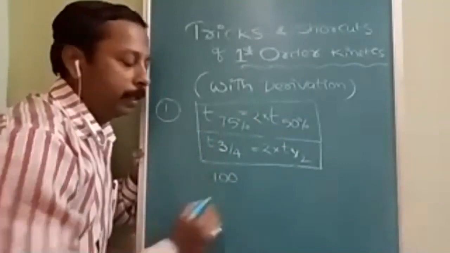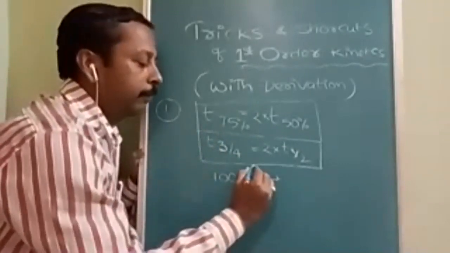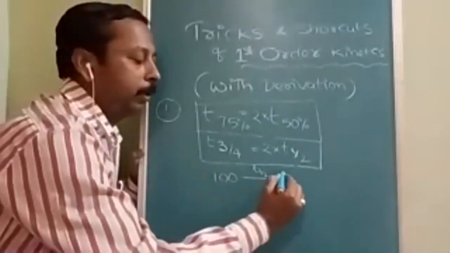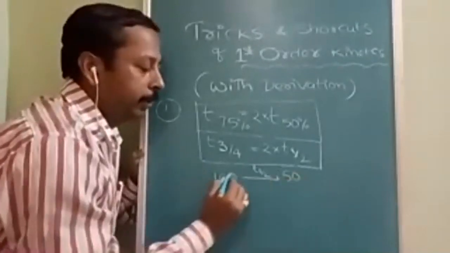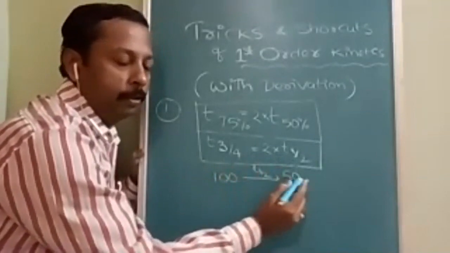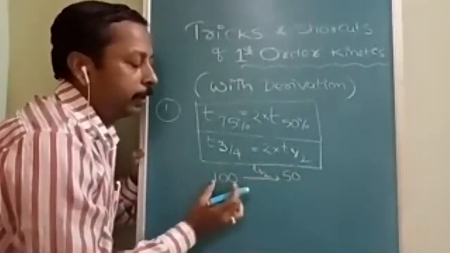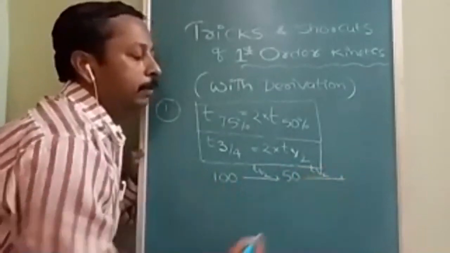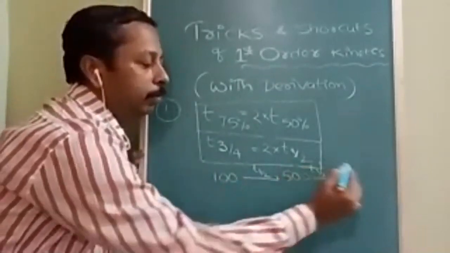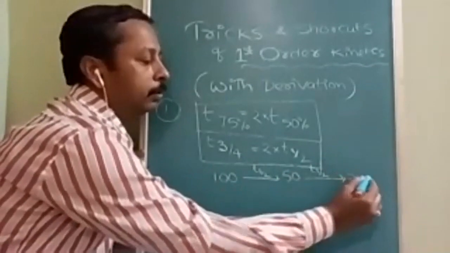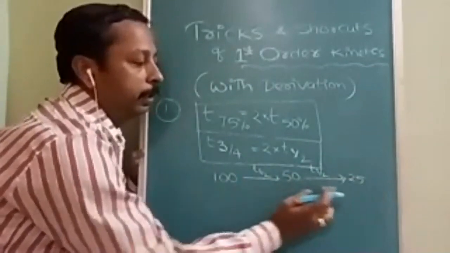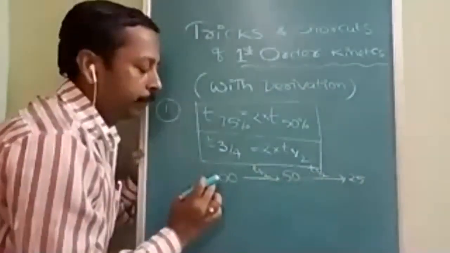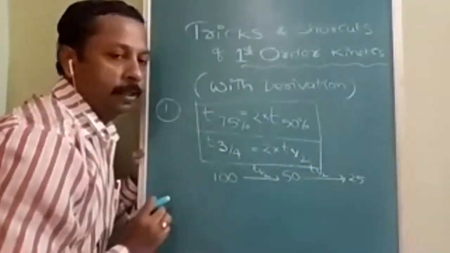The percentage is 100. After the first half life, how much is it going to become? 50% of the initial. So initial is 100, but in the same t half it is going to become half of it. Whatever I'm writing here is the leftover. So 25% is leftover and 100% was taken.